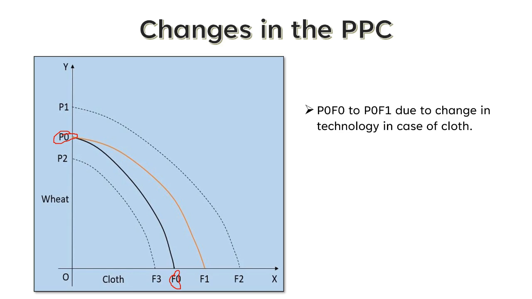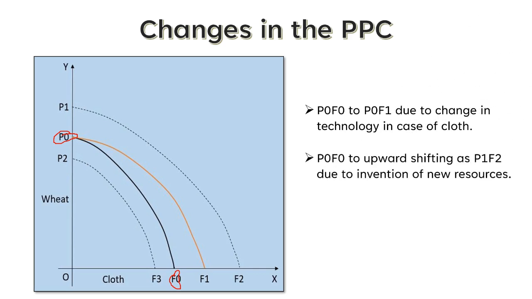It means that whenever technology changes in case of cloth production, with the same resources, the country is now able to produce more cloth, keeping the production of wheat constant. That's why the production possibility curve changes its slope from P naught F naught to P naught F1. This is called the change in the slope of the production possibility curve.